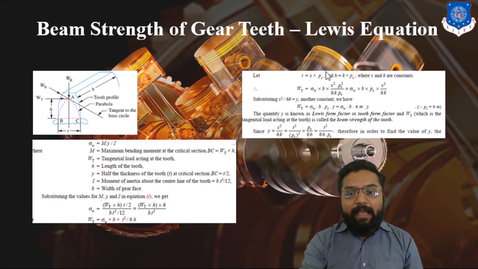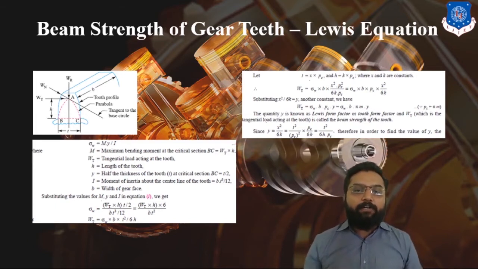Here you can see x into pc and h is k into pc. So ultimately put this into that equation. We will find this equation: sigma w into b into pc into x square upon 6k.